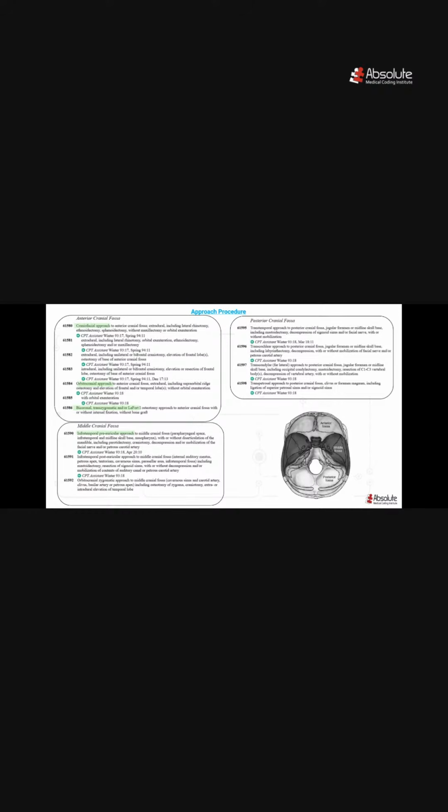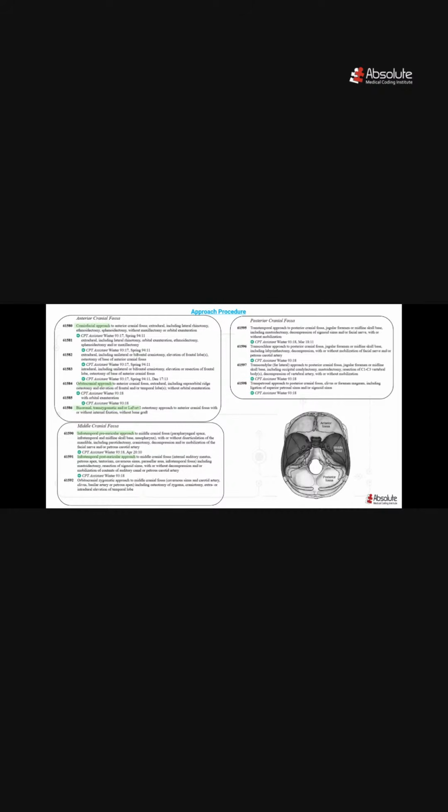from 61590 to 61592. So CPT 61590 describes the infratemporal preauricular approach to the middle cranial fossa. In this approach, the surgeon makes an incision in front of the ear. That's how it got the term preauricular.